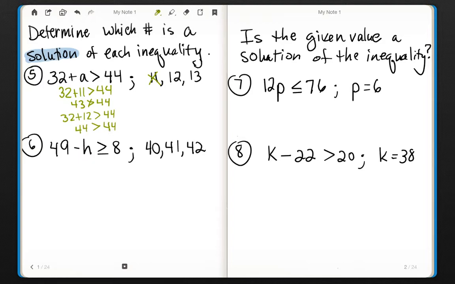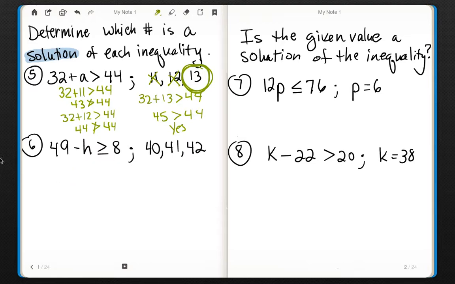Is 44 greater than 44? No, it's equal to. So that didn't work. So let's check 13. 32 plus 13 is greater than 44. We get 45. Is 45 greater than 44? Yes, that one is true. So 13 is our solution.